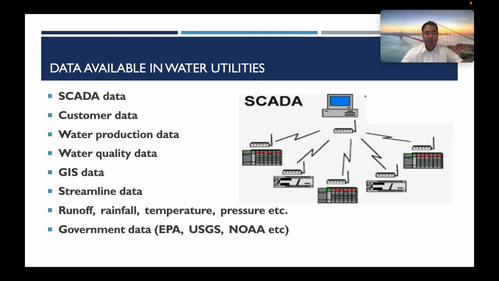In GIS data, we have a GIS team, and we have all the location data. Also streamflow data, which is not in our data warehouse but in government databases. Many government databases are open to the public, and we use those data for our projects, such as the drought project.